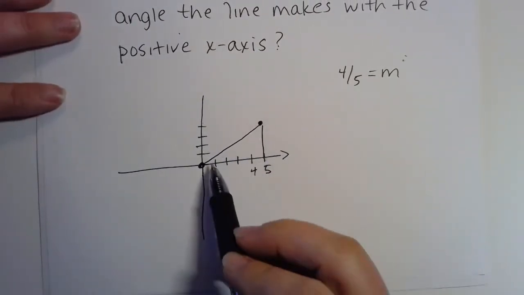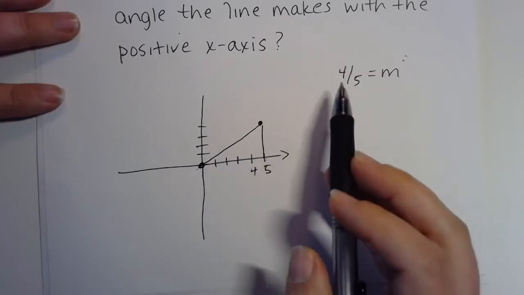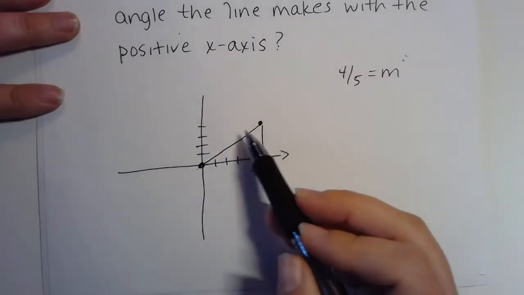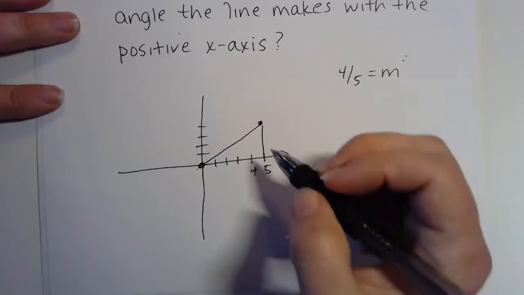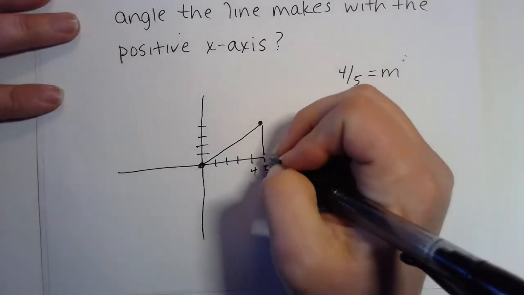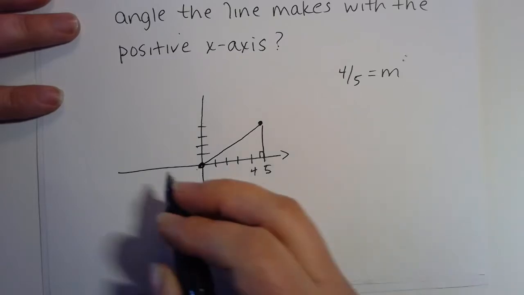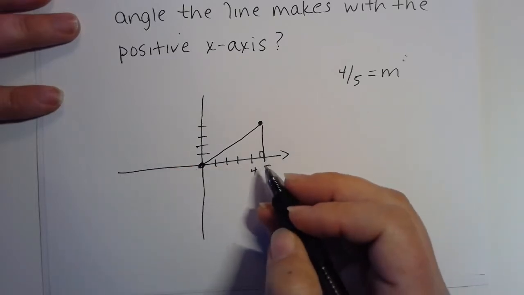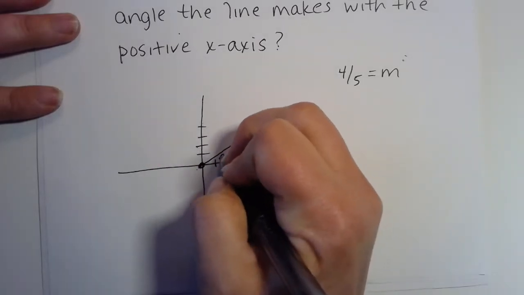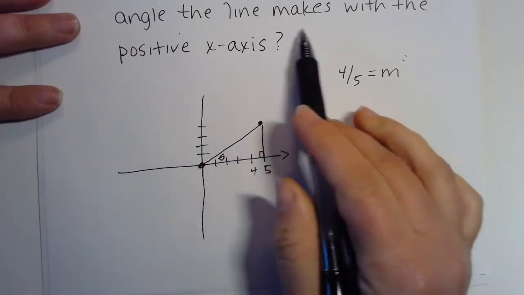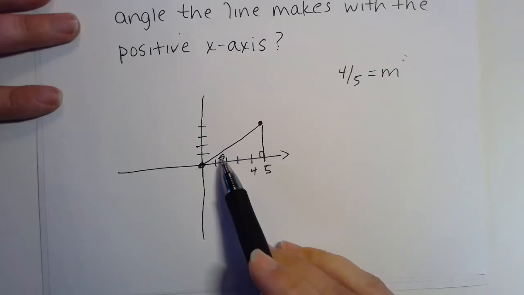So I just took my slope, rise over run, up 4 over 5. There's my triangle. I plotted this point and then I just dropped in the perpendicular here. Now I did it this way because now I know what these sides are, or at least a couple of the sides are. I want to know this theta value because it's the angle of the line with the positive x-axis.